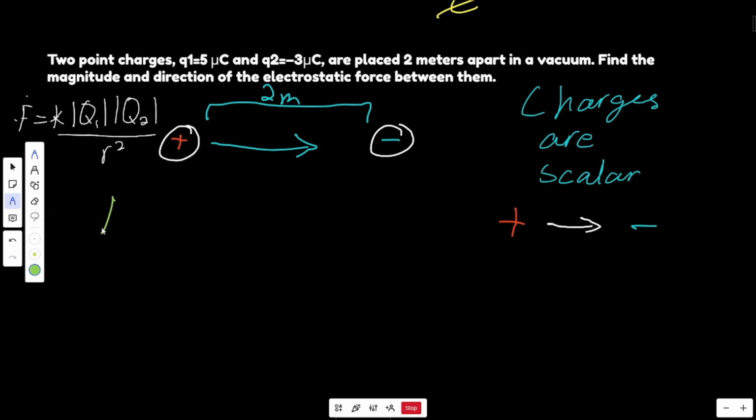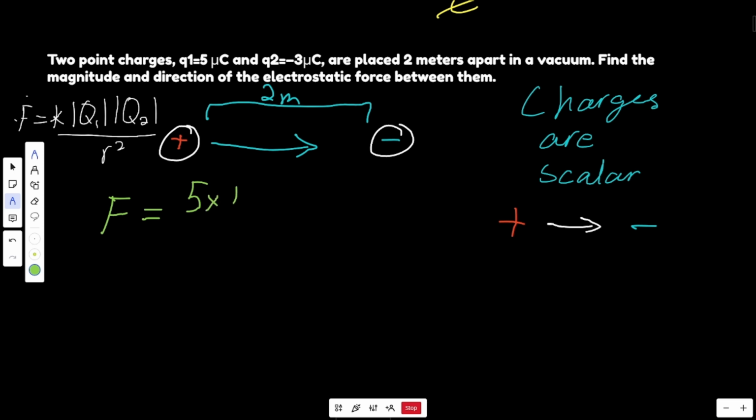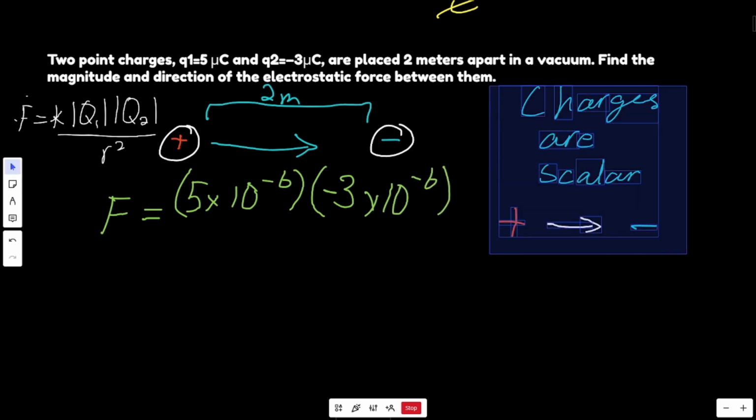So our force is going to be equal, in this situation, we have 5 microcoulombs. So we have 5 times 10 to the power of negative 6. Micro is always to the negative 6, okay? And we have it multiplied to negative 3 times 10 to the power of negative 6. We're running out of space, I'm gonna shrink this.